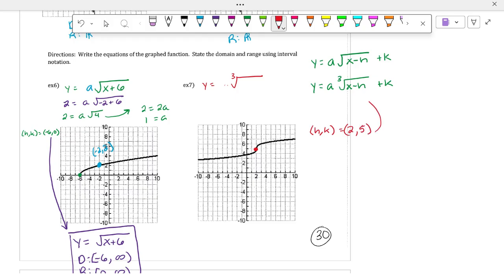So if I plug that into here and evaluated it, what would it look like? Good. Now, remember, this is our tentative because we need to double check that the a value is 1. So I need to find another pretty point.